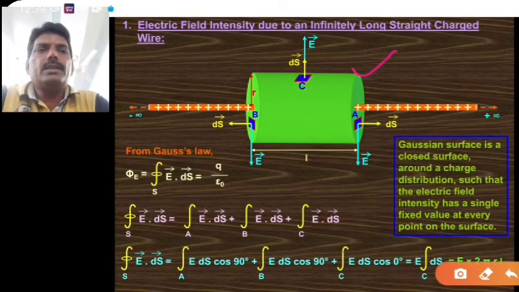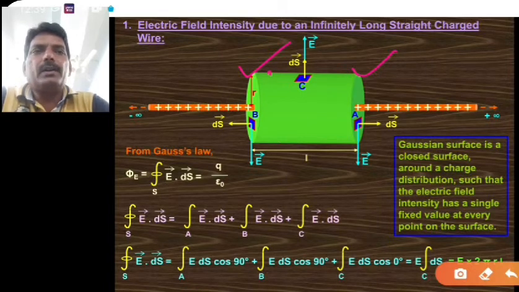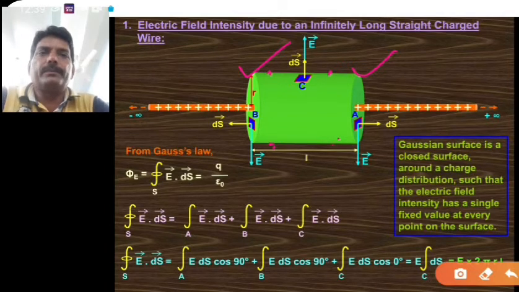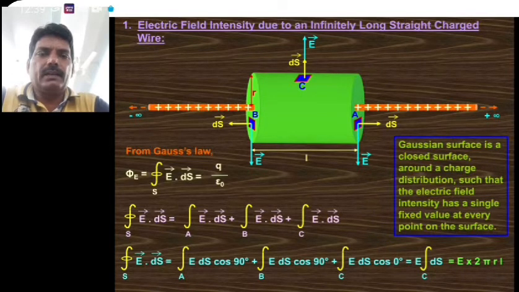So I have considered the Gaussian surface as a cylinder, and I have to find the electric field intensity at this particular point on both sides of the charged wire. So I have enclosed this much portion of the wire by using the Gaussian surface.